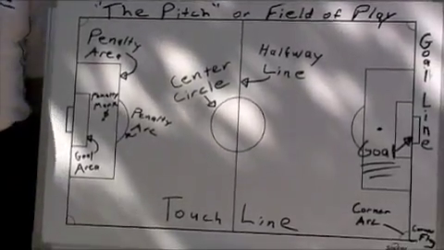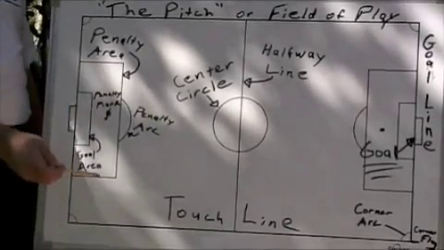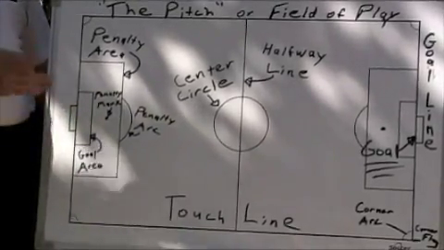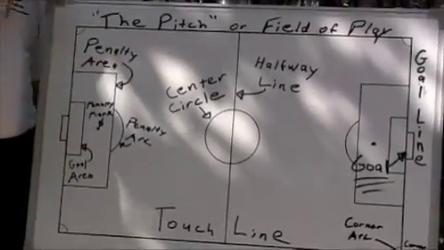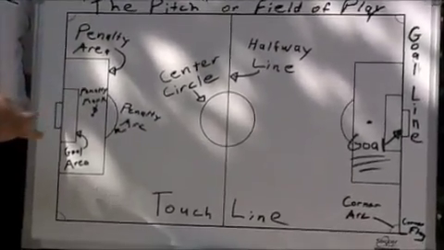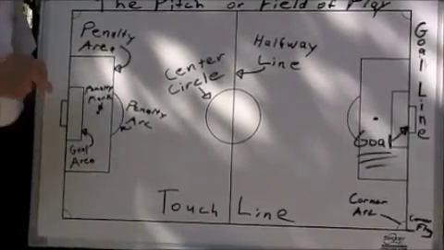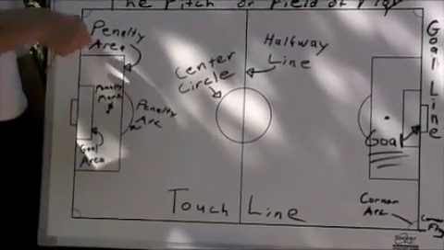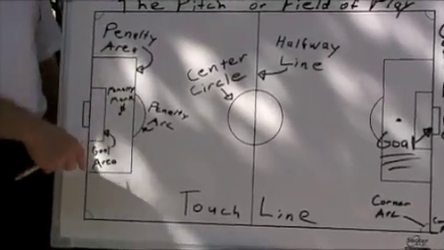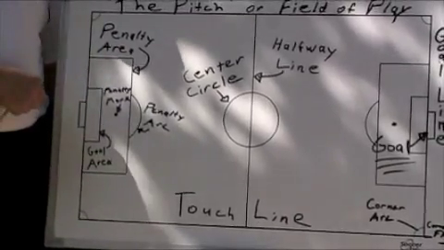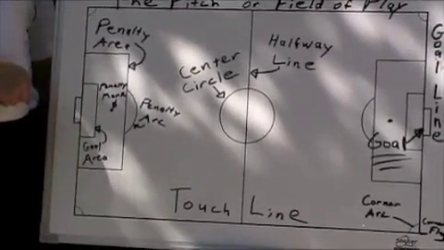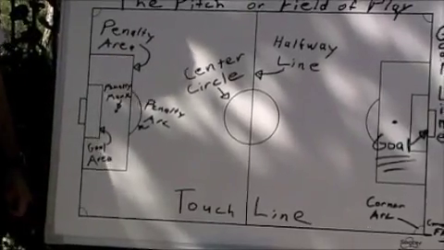For the ball to be out of play, the ball entirely has to move across the touch line. So if any part of the ball is on the touch line, the ball is still in play. And same thing on the goal line. If the ball's on the goal line but not all the way across the goal line, the ball is still in play. Okay, got that?